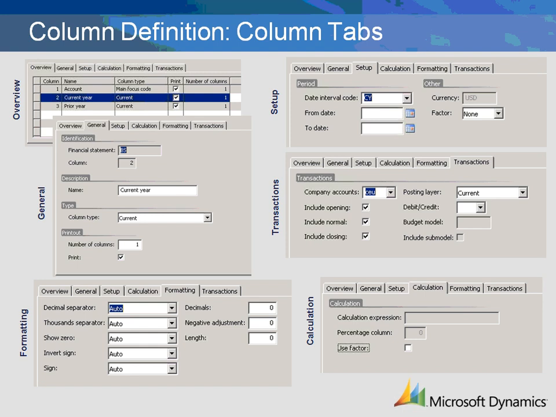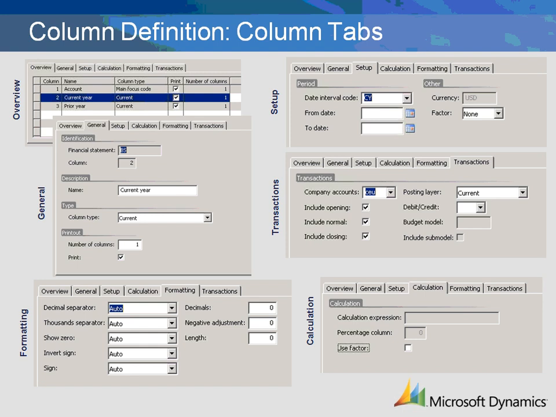The Calculation tab allows you to set up details regarding the calculation if the column type is Calculation or 100%. You can set up calculations such as calculating the difference between two columns or calculating the percentage of one column to another. This is accomplished by selecting the appropriate calculation expression.